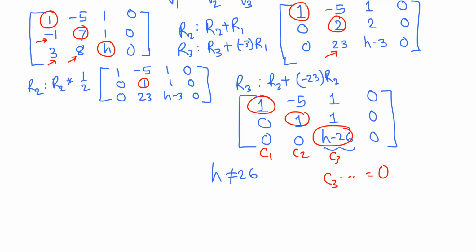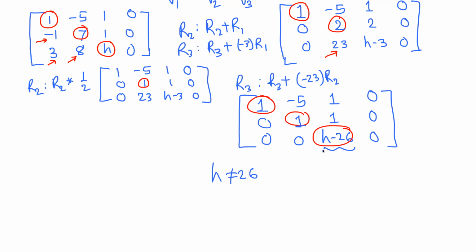Okay, so to find non-trivial solutions, we have to have a free variable. There is no pivot in the last column, so we have at least one solution. To find a non-trivial solution, we have to get one free variable.